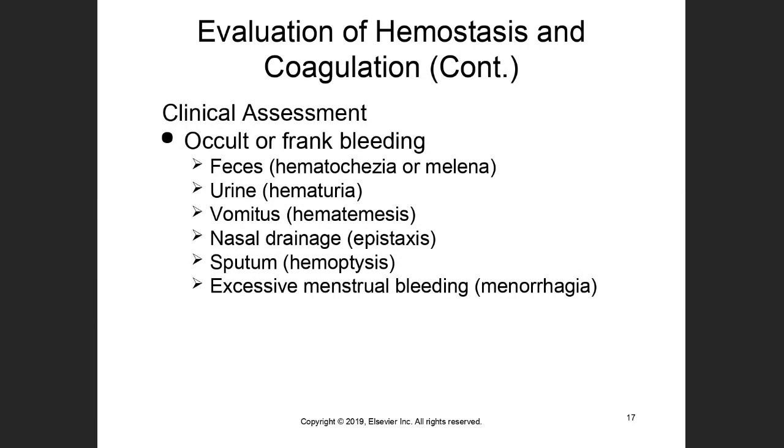When you have blood in the feces, it's called hematochezia or melena, okay. Melena is digested blood, okay. That means the feces is going to be dark, like black, okay. Hematochezia is bright red blood per rectum, okay.